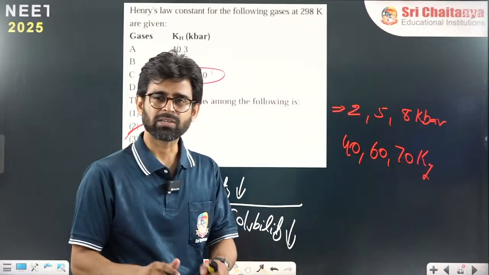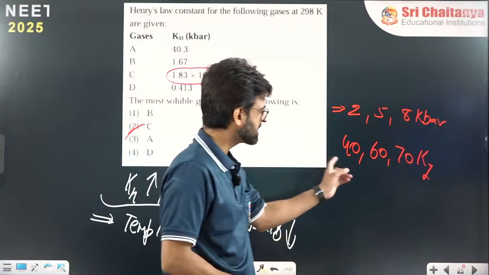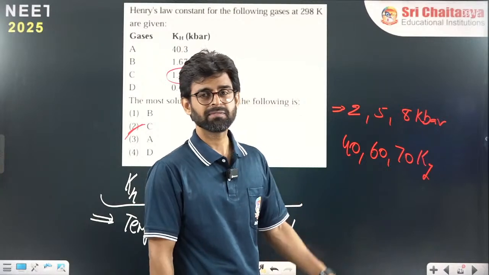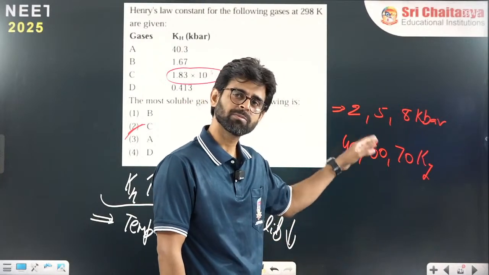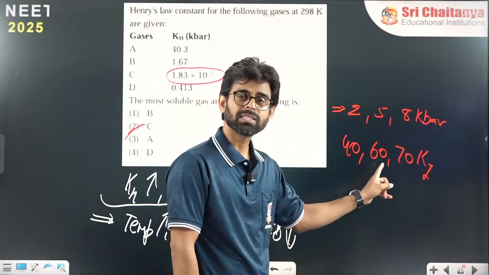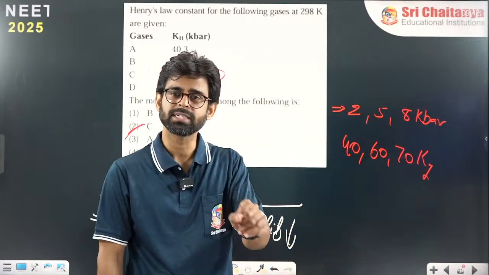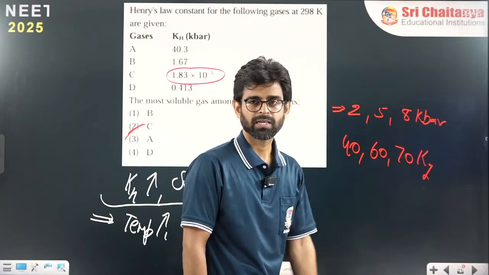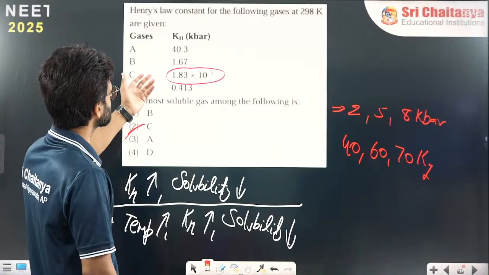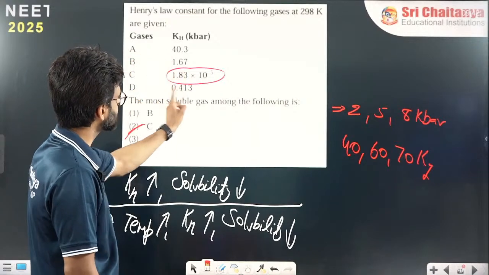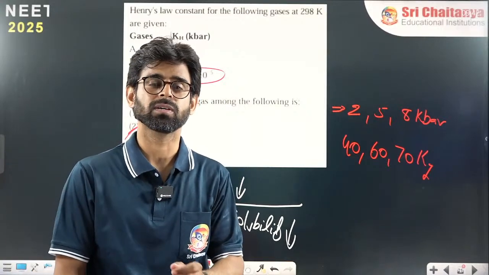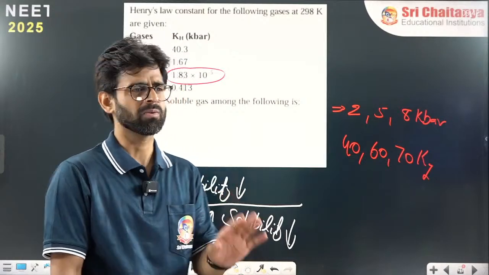So means they are trying to say that weight of every person is in kg only. So it is 40 kg, 60 kg, 70 kg. If they are not writing units here, it does not mean it has some other units. If they are not writing units here and they are writing units in just the last number, you take the same unit for all of these. Many students made this mistake because of how they wrote this kilobar in the question. The students were thinking kilobar is a unit of just the last Kh value. No, it was a unit of every Kh value. So be careful about it.